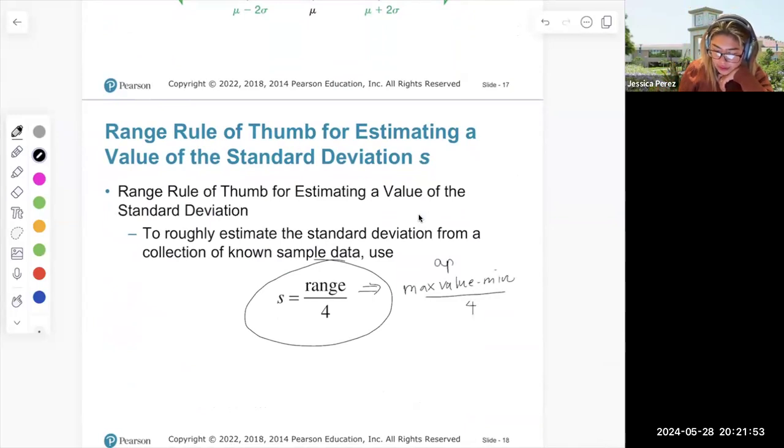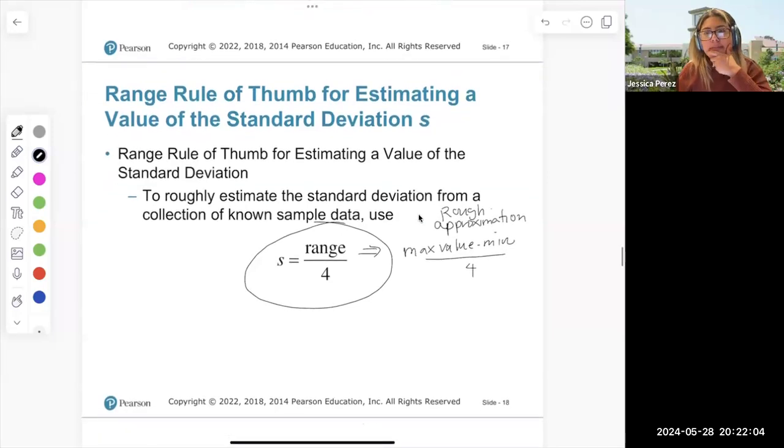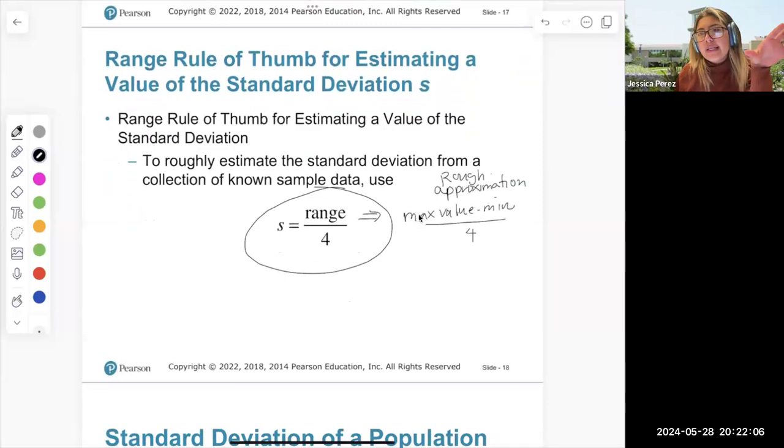And this would just be an approximation. Okay, this is the very estimated. The more exact is the one that we did using our calculator and the formula.